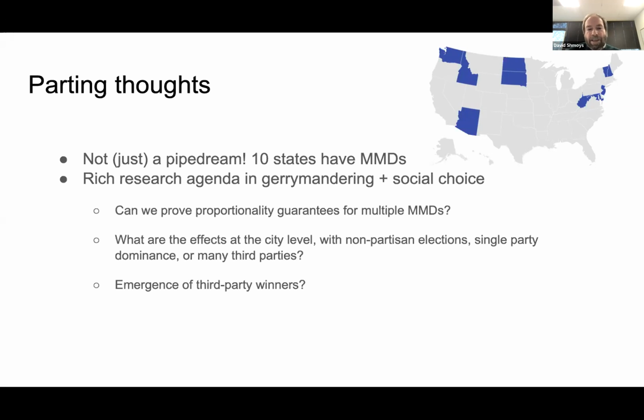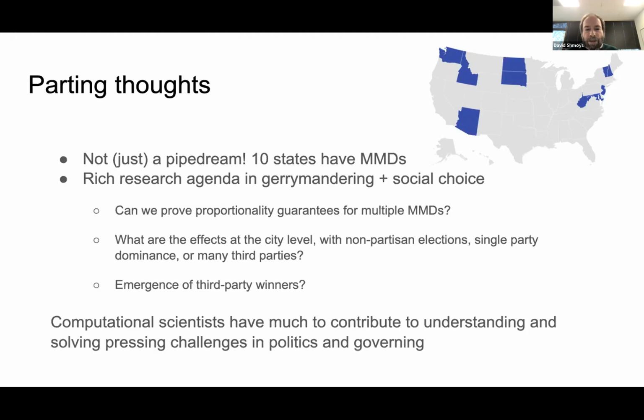But in general, this interplay between the mechanisms for doing the social choice and the optimizing of the districts, we think, gives rise to a rich literature of potential directions that people might consider. There are interesting things to think about. What are the effects at the city level? What about the role of third parties? Is there a place in which third-party winners are emerging?